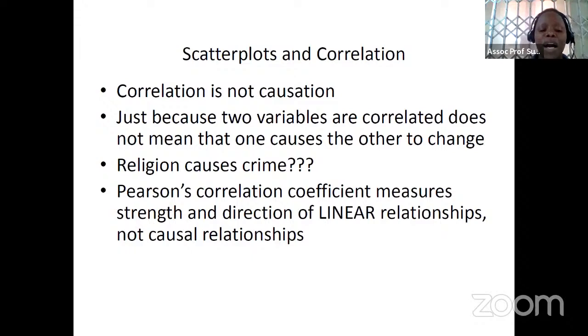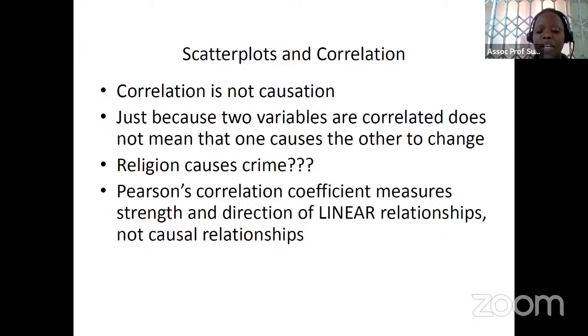Or if Pentecostals are putting on red skirts, it does not necessarily mean that being Pentecostal is associated with red skirts. So once two variables are associated, it's just telling us that these two variables are linearly related and their relationship is either strong, weak, or moderate, but one does not cause the other to change.